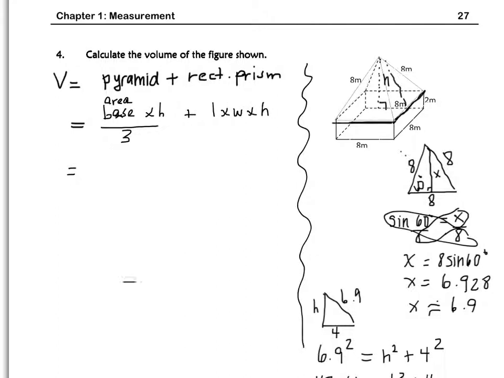So the area of the base for the pyramid would be 8 times 8, times the height we just got, which was 5.6, over 3, and then you'd add that to 8 times 8 times 2.